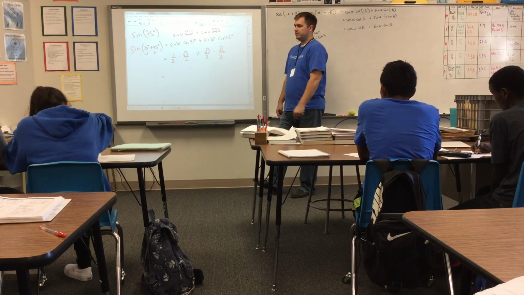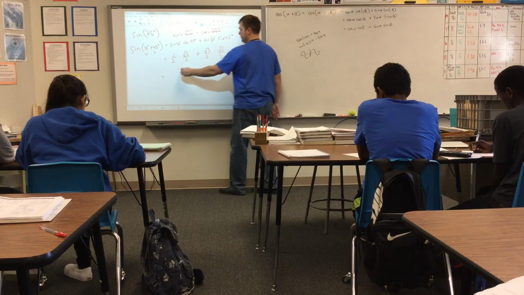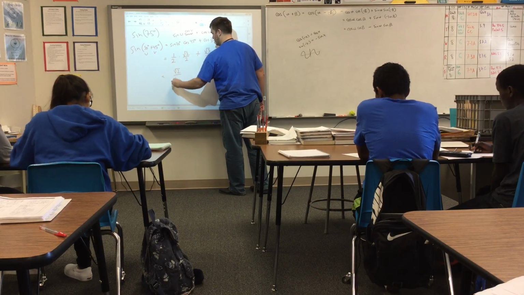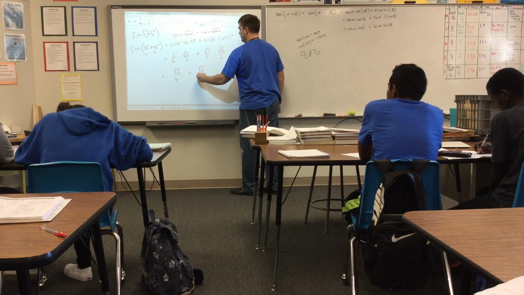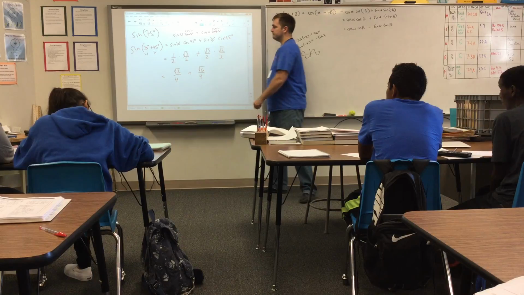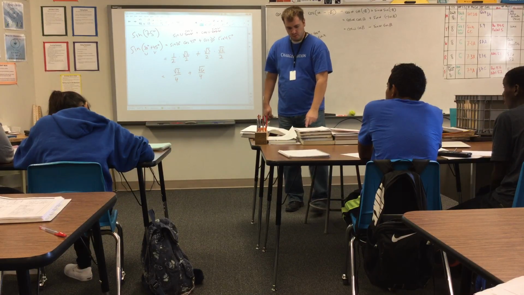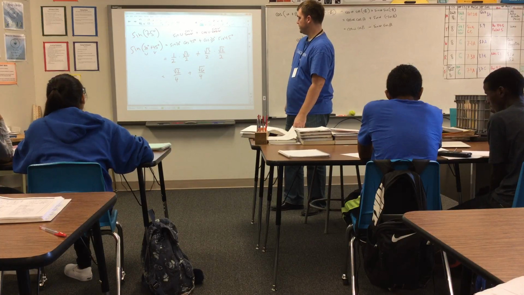Looks kind of familiar, but that's because we have a lot of the same values here. So we have root 2 over 4 plus root 6 over 4. Is it plus, or is it minus? Let's look at the sign. Are you telling me it's plus or are you telling me it's minus?